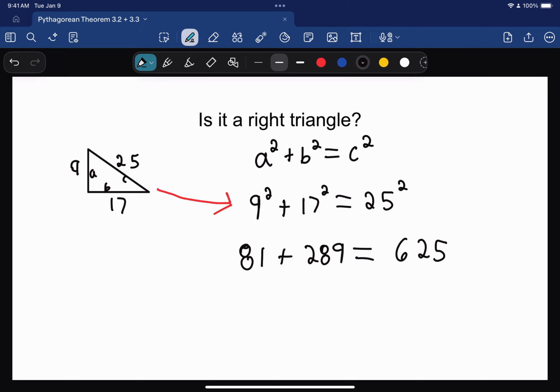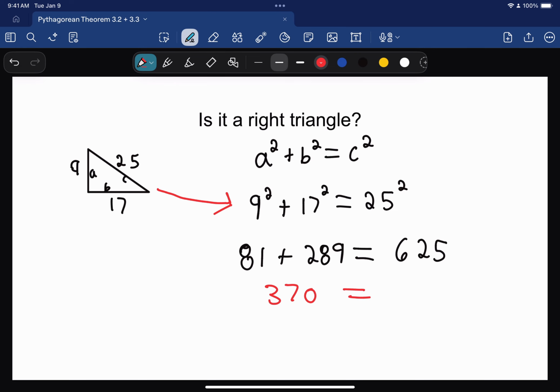Okay, so now we've calculated this. Now let's see if this is true. I can tell you already that it doesn't look like it's going to be true because the answer over here is in the 600s, and there's no way we can get 600 on this side. So 289 plus 81 would equal 290 plus 80, so it would equal 370, right?